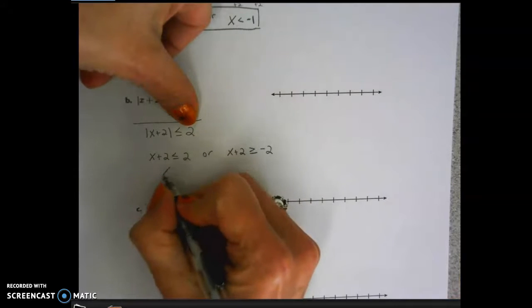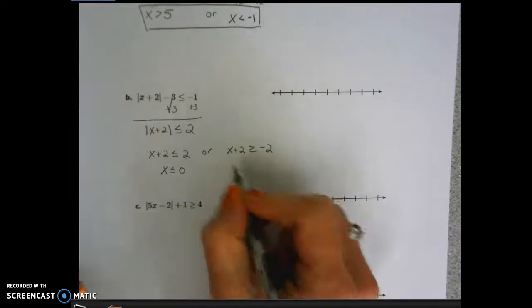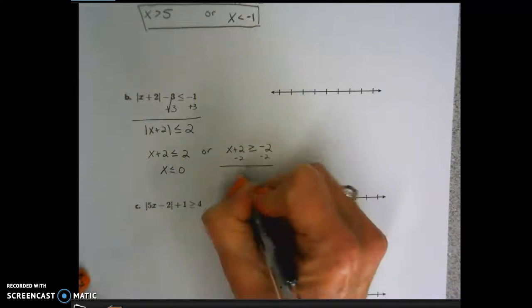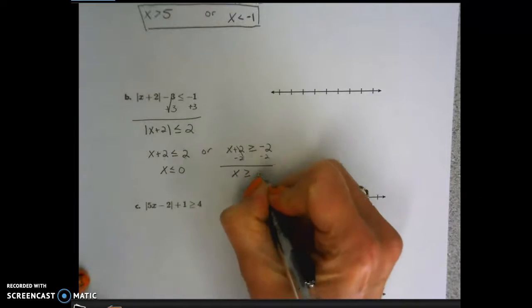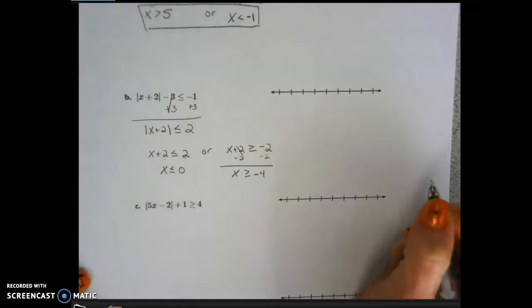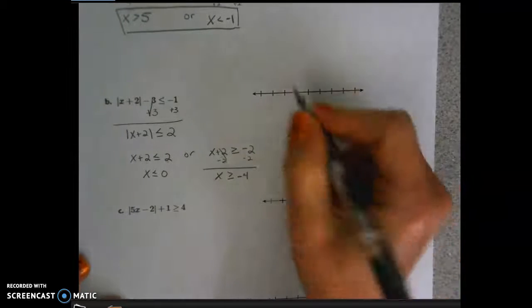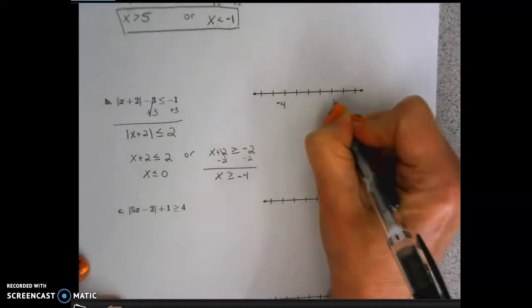You subtract 2 from both sides, so x has to be less than or equal to 0. On this side, if I subtract 2, minus 2, minus 2, x can be greater than or equal to -4. So let's go write the solutions. I'm going to have -4 on here, -3, -2, -1, and 0.